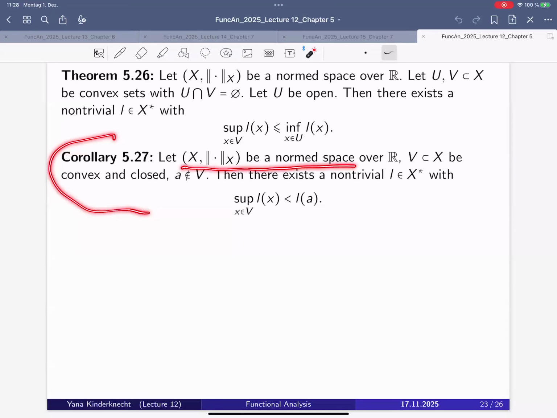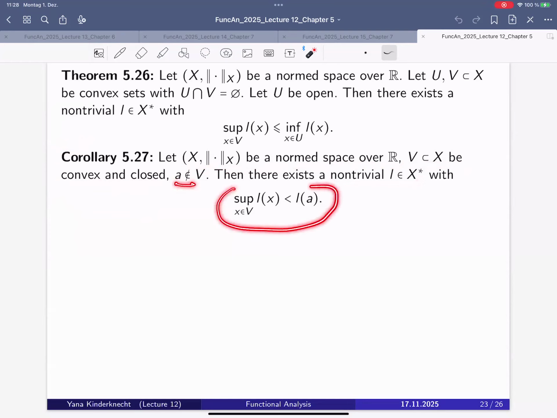We have a normed space over R, V convex and closed, and a point which is not in V. Then there exists a non-trivial continuous linear functional which separates this set and this point, in this sense. And we have strict inequality. Okay, so this is what we are going to use in our proof.